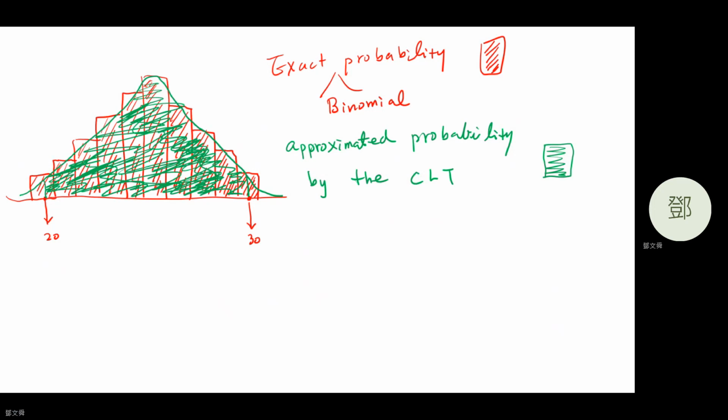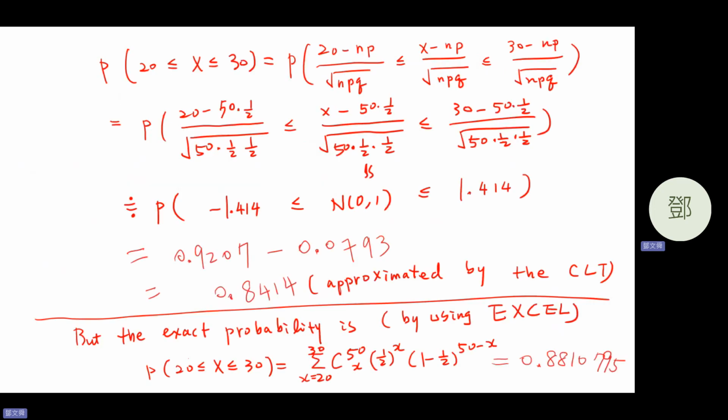All right, the red part is bigger and the green part is smaller. So this is why the red part is 0.88 something. This is the red part, and this is the green part.